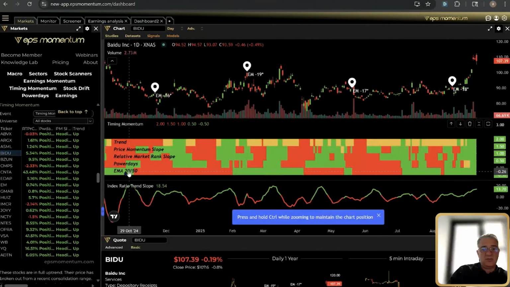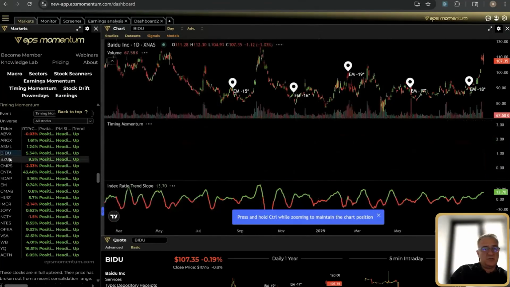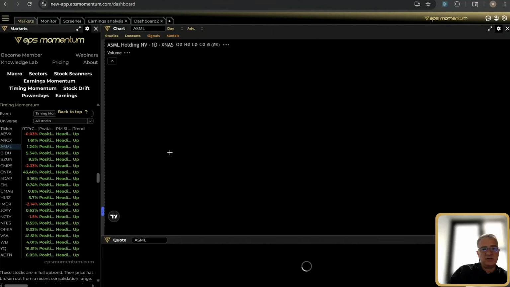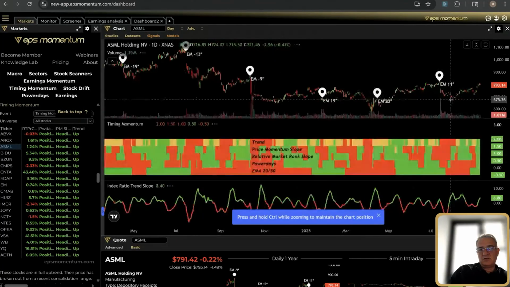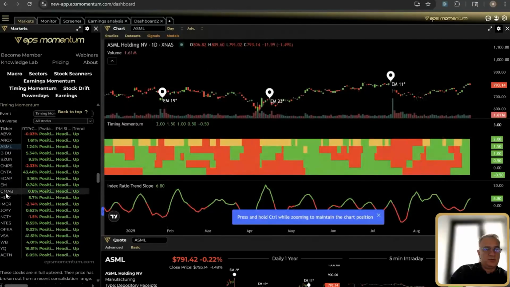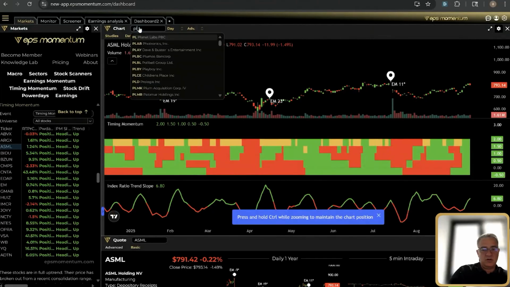This EMA is the spread between the 20 and the 50. When the 20 is above, it's green; when it's below, it's red. Let's pull up ASML. Yeah, this is also a European stock. Well, how about we go to our little Palantir.